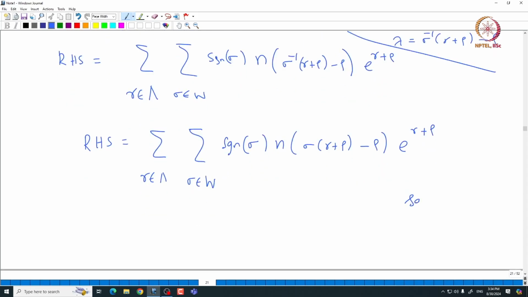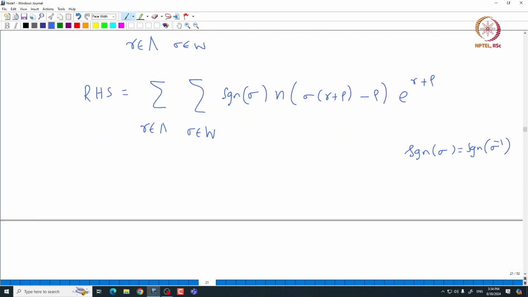So, that is because sine of sigma is same as sine of sigma inverse. So, that tells you that this is what the right hand side is. But now notice that whenever this n of sigma gamma plus rho minus rho is non-zero, that forces that the sigma gamma plus rho minus rho is indeed dominant weight.